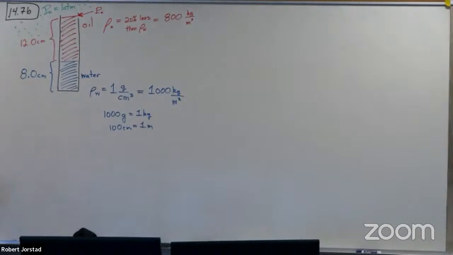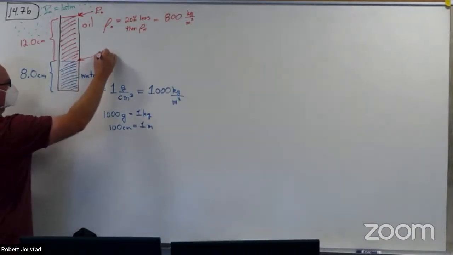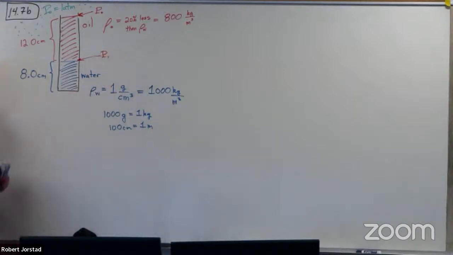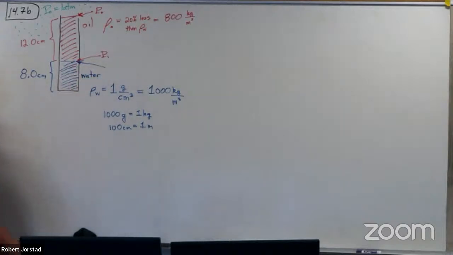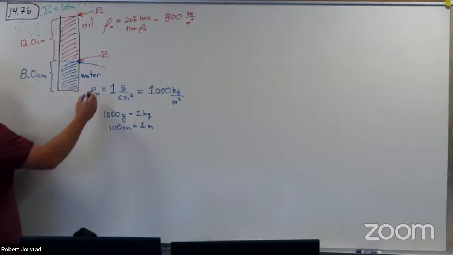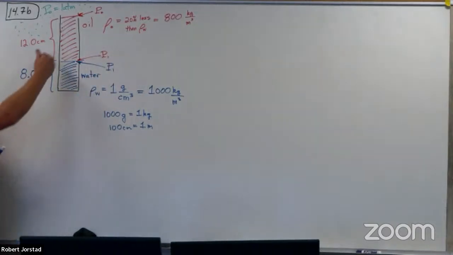What was the point of this? Oh, I'm going to call the pressure right here P1. The pressure at the bottom of the oil column, I'm going to call P1. Well, what is the pressure at the top of the water column? Also P1, right? We're assuming these two pressures should be the same if they're at the same level.